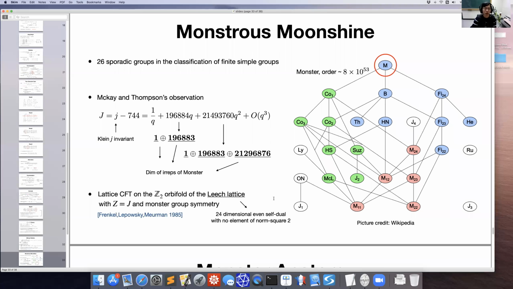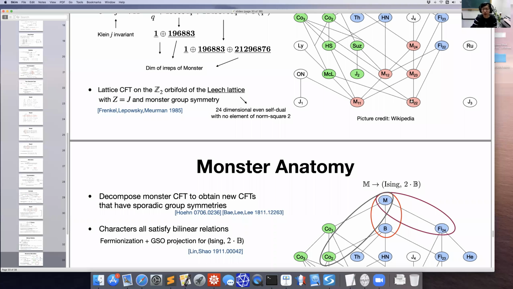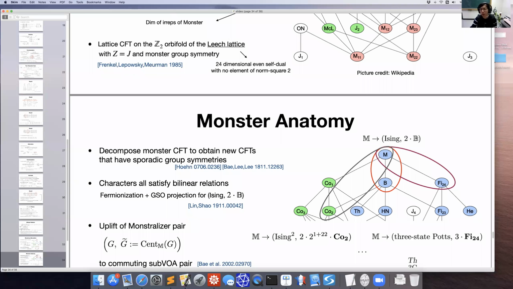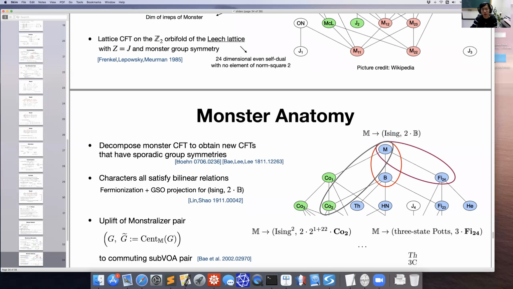And recently, given this table, naturally, because we have those relations, we could think if we could use the monster CFT to construct some new CFTs that have those other sporadic group symmetries. Indeed, the most famous example is the decomposition of the monster CFT in terms of the Ising model and the twofold cover of the baby monster, this group baby monster, which was pioneered by the work of mathematician Gerald Höhn.